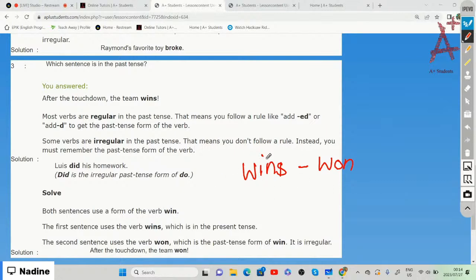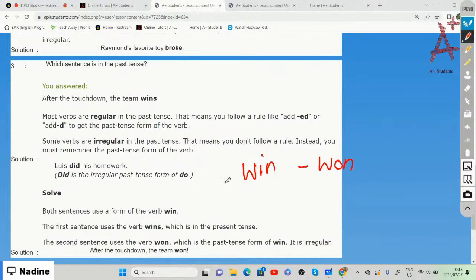So win changes to its past form of won, and won is the irregular past tense form of win. As you can see, the wording has changed from win, W-I-N, to won, W-O-N.